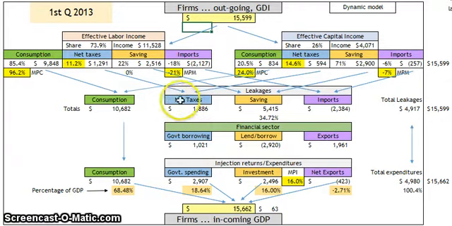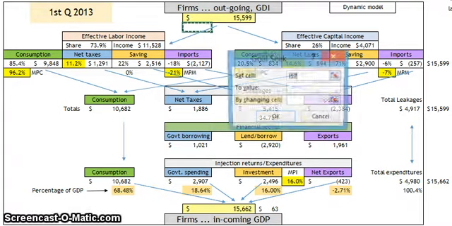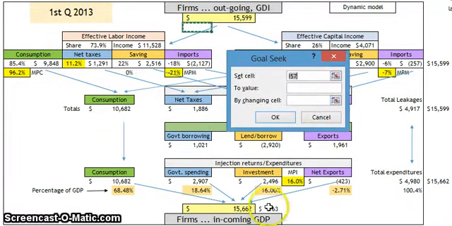What happens now is that I'm going to raise this limit. Well, first I want to show you that with this, I'm going to do a goal seek at these particular effective tax rates. I'm going to set the difference between the beginning and the ending to 0, so it's going to go to its equilibrium.